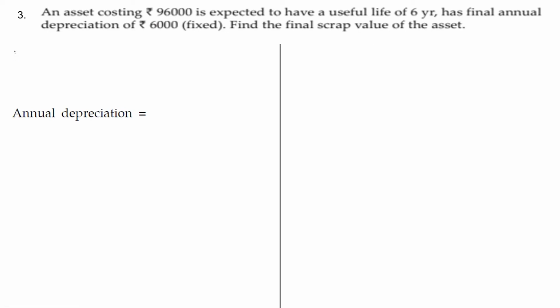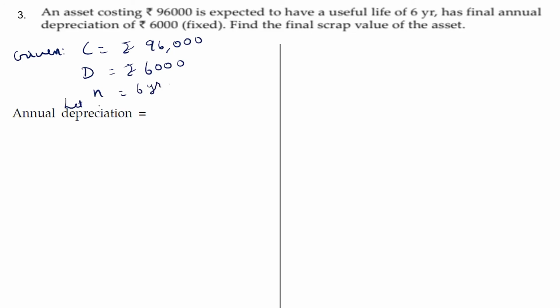So here, given C is rupees 96,000, annual depreciation D is rupees 6,000 and N is 6 years.